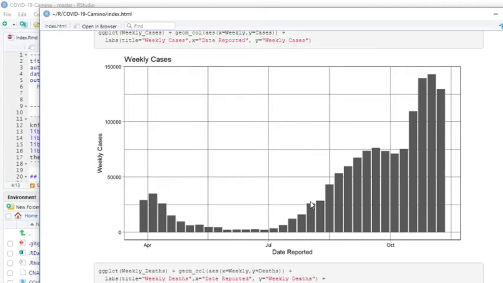Okay, let's see. So now we look at the cases by week, and many times a weekly number's better, particularly for Spain, because this will include the Sunday and the Saturday the following week, because that's what this does.